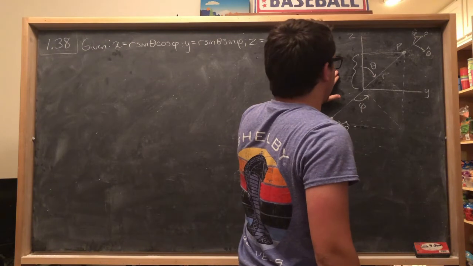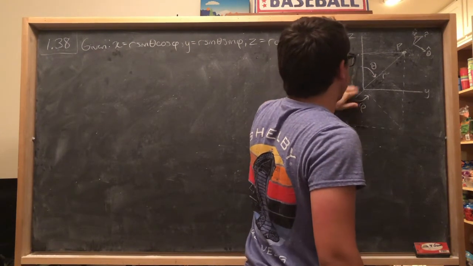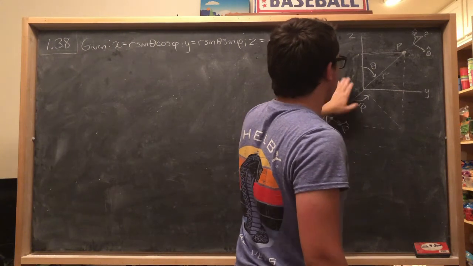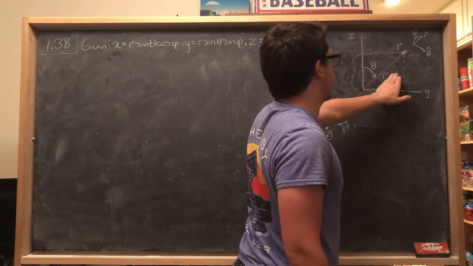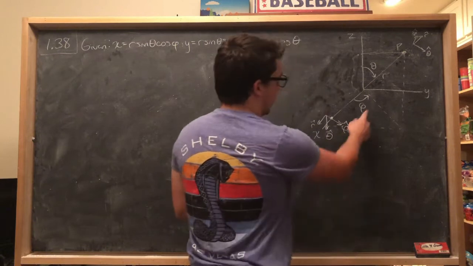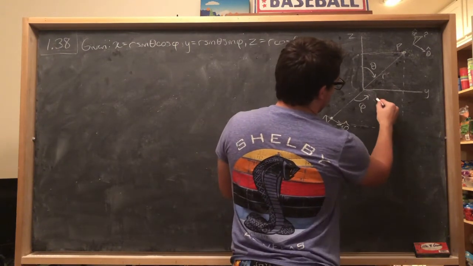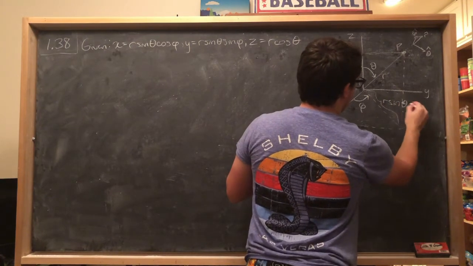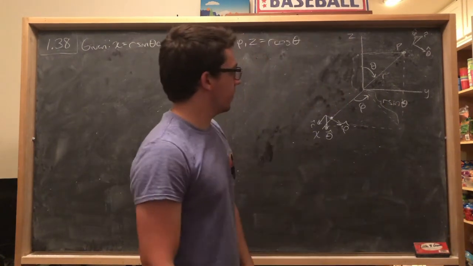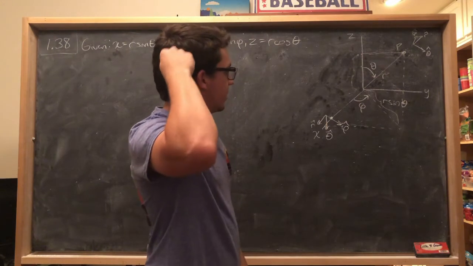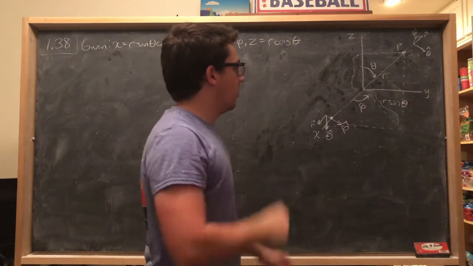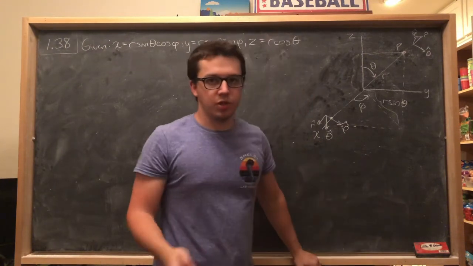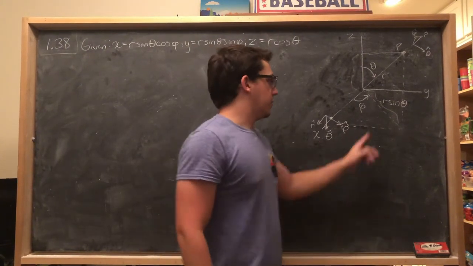Likewise, if you were to take r sine theta, that would give you the component of this displacement vector in the xy plane. It would give you this right here. And so if we want to get y and x, then all we have to do, again using trigonometry, is use our phi.